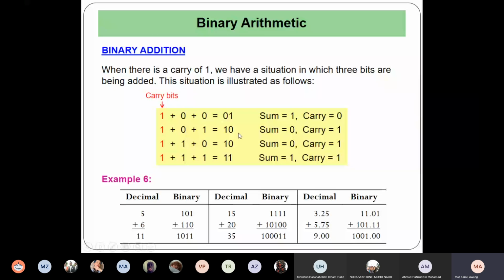So the sum is 0, the carry is 1. 1 add 1 add 0 is 1, 0. So the sum is 0, the carry is 1. When you have 1 add 1 add 1, this is actually 1, 1. So the sum is 1 and the carry is 1. Okay, clear this rule?